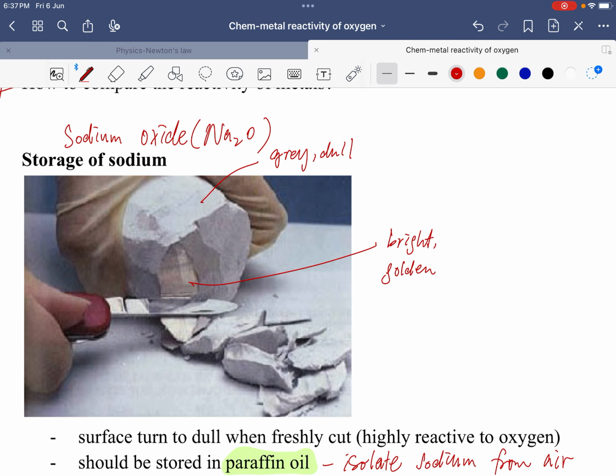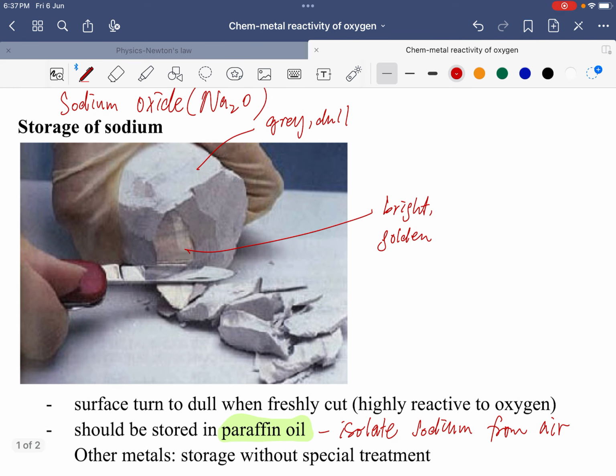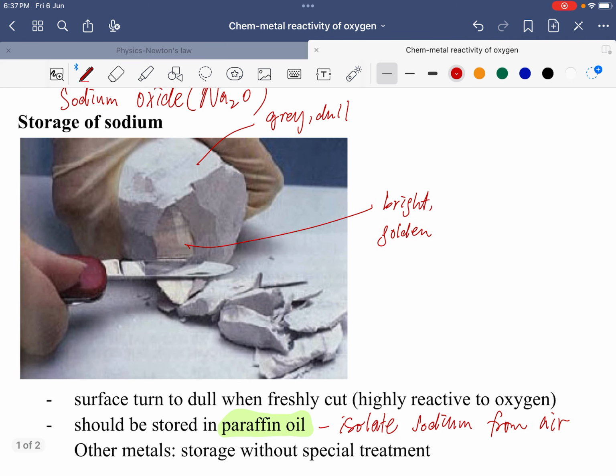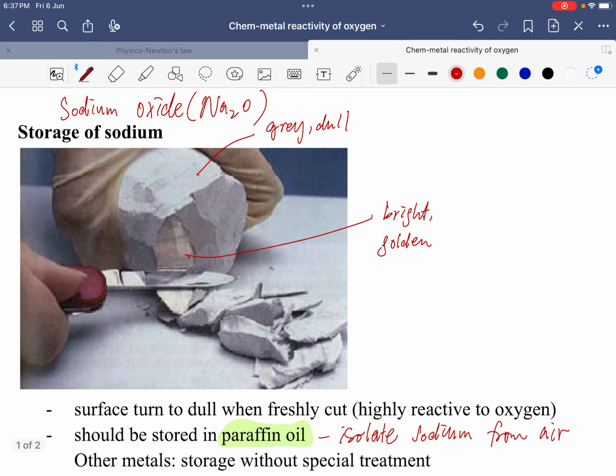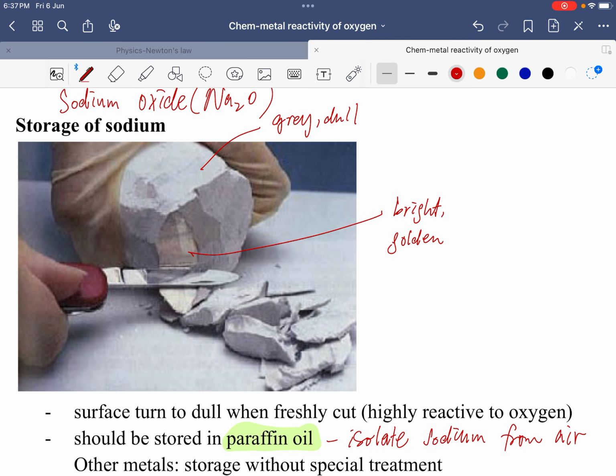Maybe just normally store them in a box, right? Without any special treatment. So you can see the difference in storage of sodium and the 3 metals. For sodium, we store it in paraffin oil. For the 3 metals, we just store them normally. So actually you can see that sodium is a reactive metal compared with the 3 other metals, and it easily reacts with oxygen.